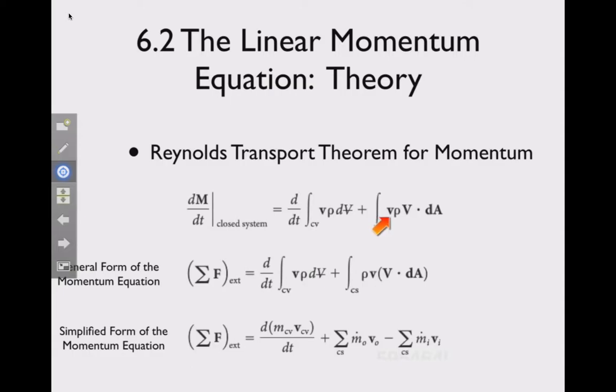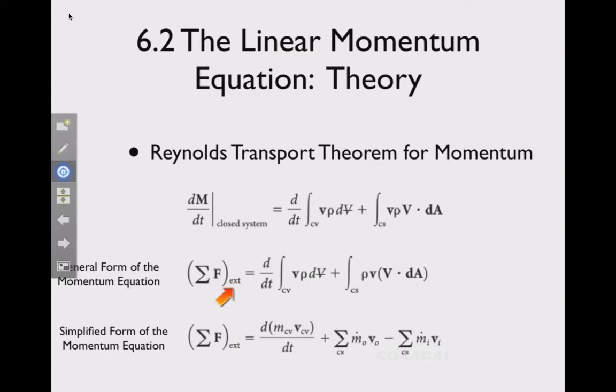This is the fluid velocity, and this is the particle velocity. So we can write this in a couple of different ways again, similarly to what we did with the continuity equation, and this is what we get for the general form of the momentum equation.